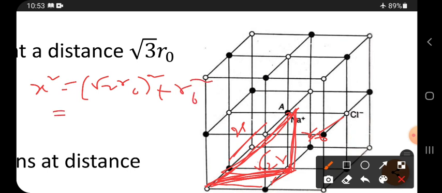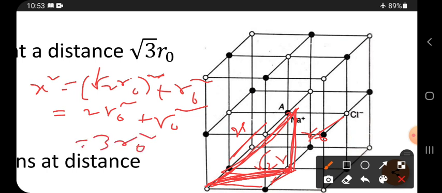Now for the square root cancel, r naught square, 2 r naught square plus this r naught square. How many r naught? 3 r naught square are there, which is equal to x square. Now bring the square to that side, it is root 3, and for the root it is cancelled. See, it is root 3 r naught distance.